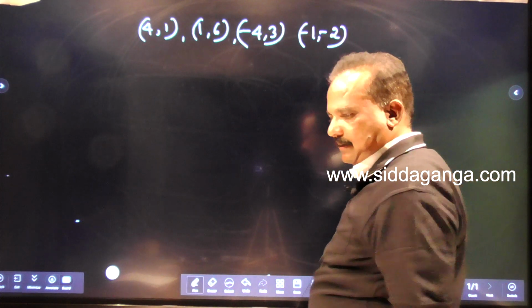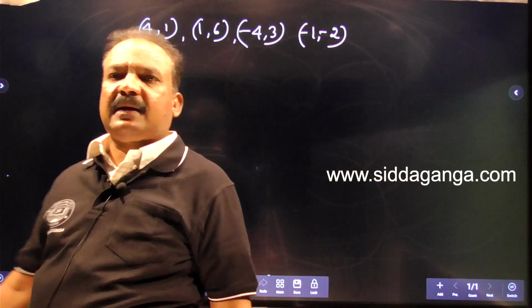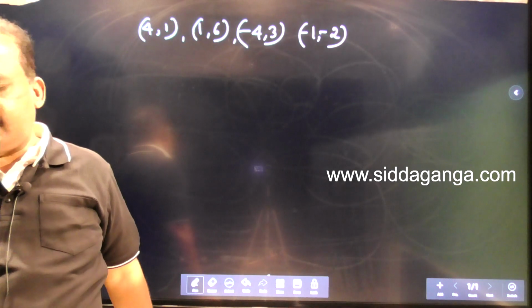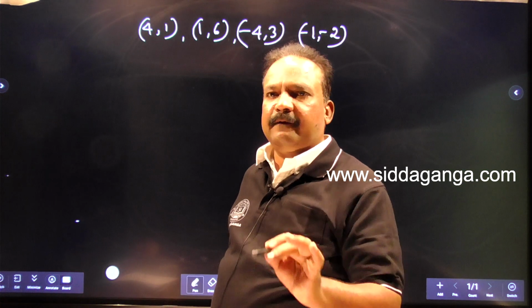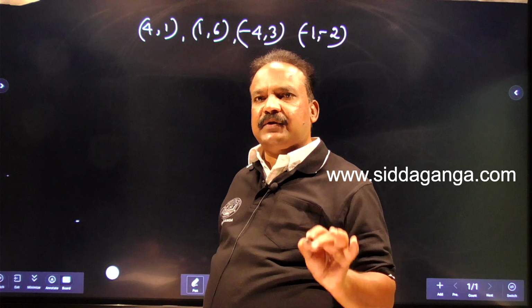These are the vertices of a square that you have to prove. To prove it is a square, in terms of sides, all the sides must be equal. In terms of diagonals, the diagonals are also equal.